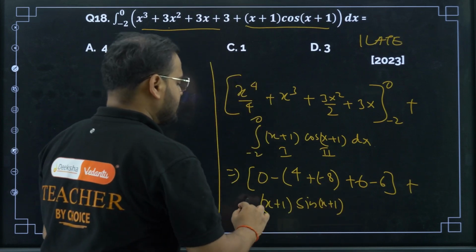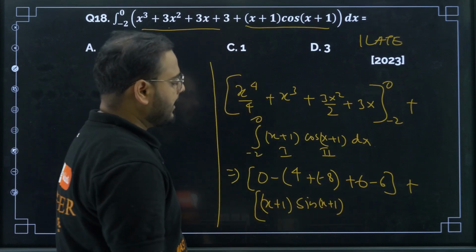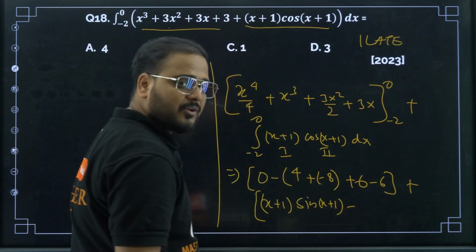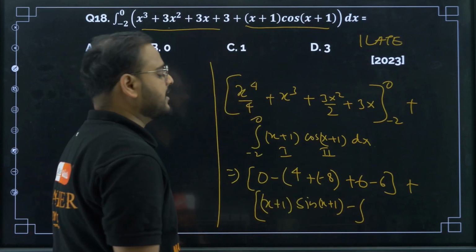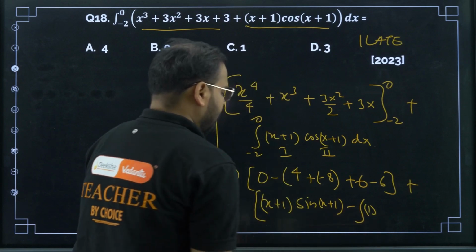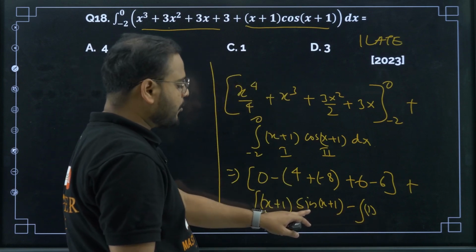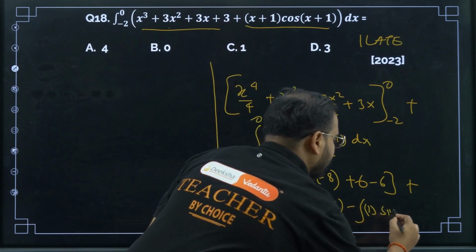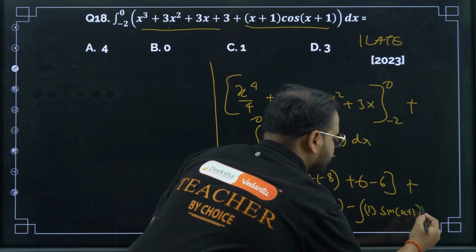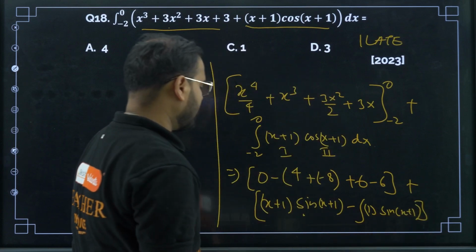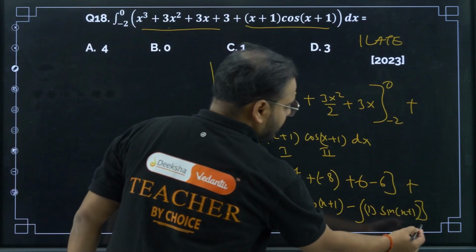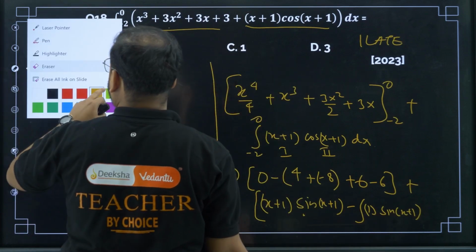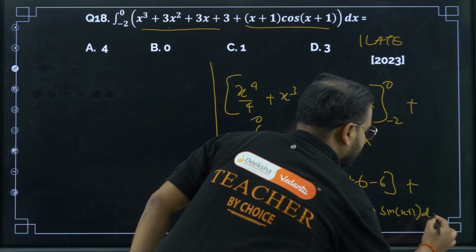This is over here like that, and minus sign will come for the by parts. Now integral of the differentiation of the first part, x plus 1 differentiation, how much is that? 1. And the second part integration, I already got as sine of x plus 1. Whole thing under what limit? There's a dx over there, because there's another integration.